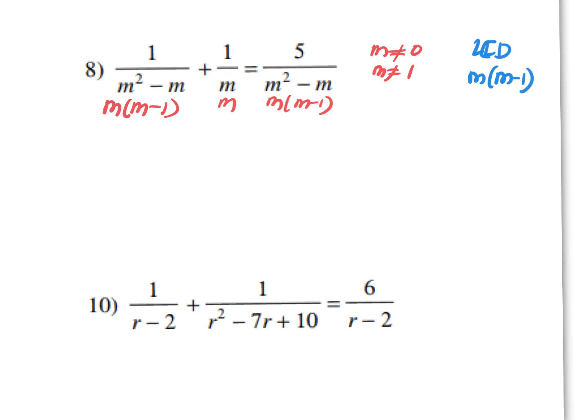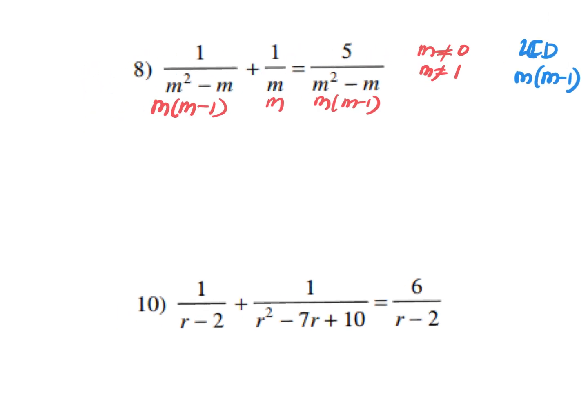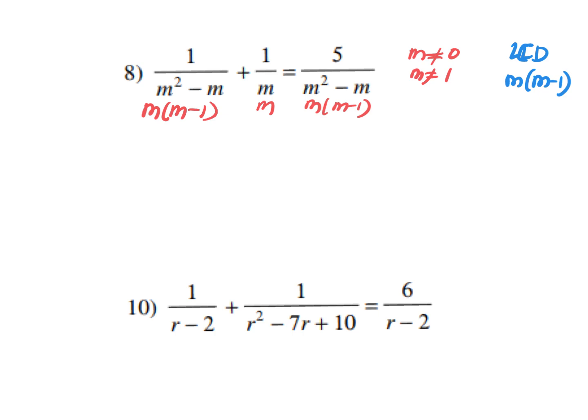And so then looking at the equation here, I'm going to take my lowest common denominator and I'm going to multiply it by my first fraction. And I'm going to see that both the m and the m minus 1 cancel out.